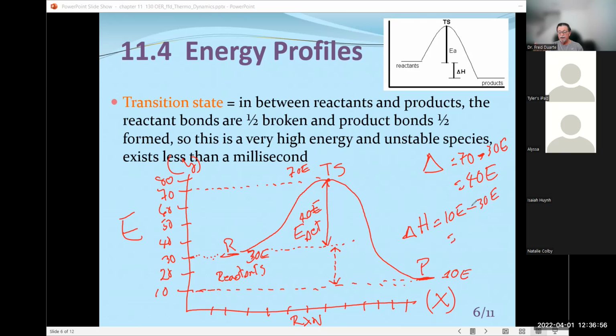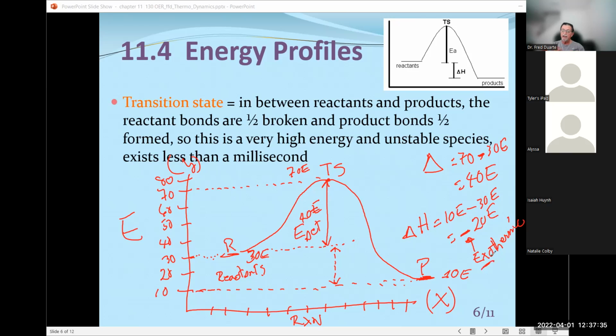And so it's 10 minus 30, which gives us negative 20 energy units. The key is this. The fact that we got a negative value tells us some important information. That tells us that this reaction, the way it was written, the fact that the products ended up at a lower energy level than the reactants, giving us a negative value for delta H, tells us that we have what's called an exothermic reaction.